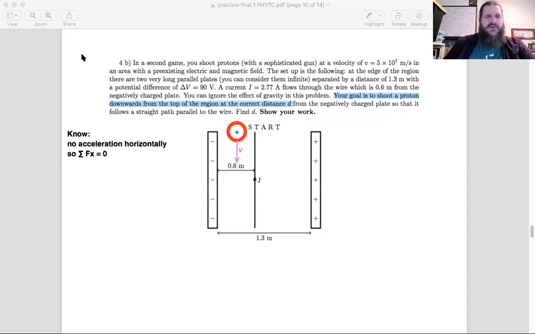Presumably there will be some sort of electrical force. And typically you can calculate electrical force. What causes an electrical force? If you've got a charged particle, it's going to experience an electrical force if what is happening?